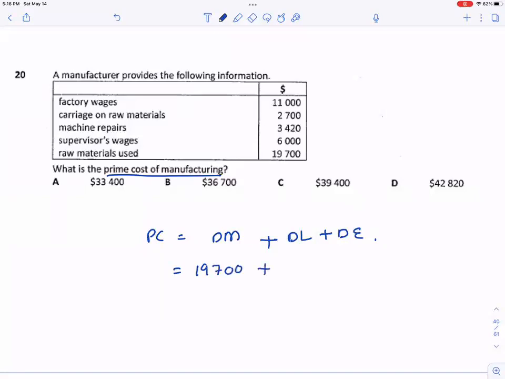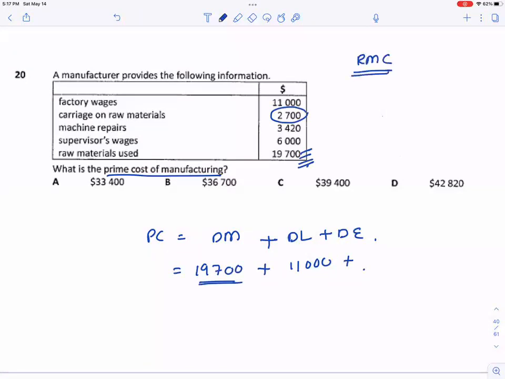Direct labor, 11,000. Direct expenses, carriage on raw materials, right? We have to subtract that. No, you don't have to take this because they have directly given you raw material used, or raw material consumed.